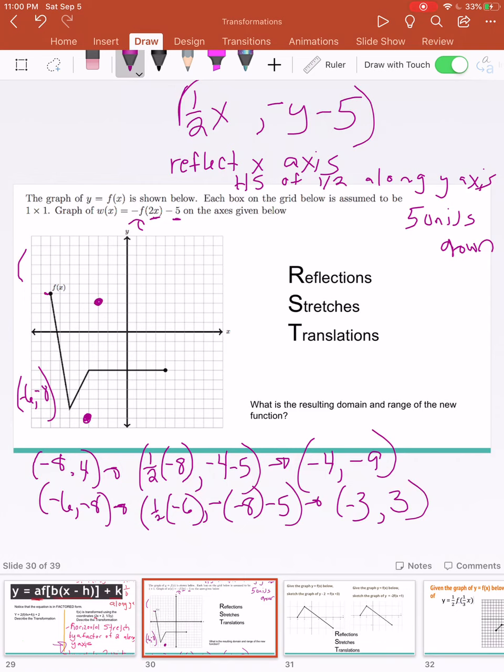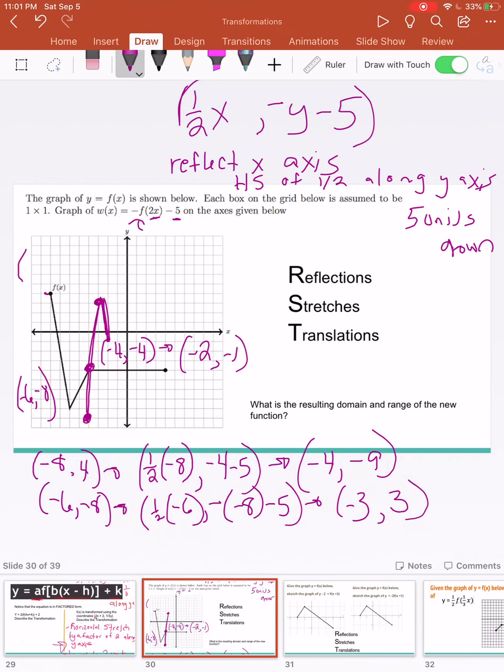and again, as I'm mapping each coordinate, I'm going to connect the dots so that I don't forget which dot goes with which. My next ordered pair is right here, negative 4, negative 4. If I apply them to the mapping coordinates, my new ordered pair should be negative 2, negative 1.